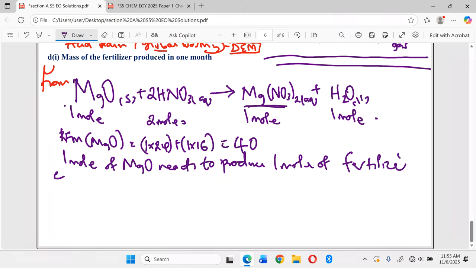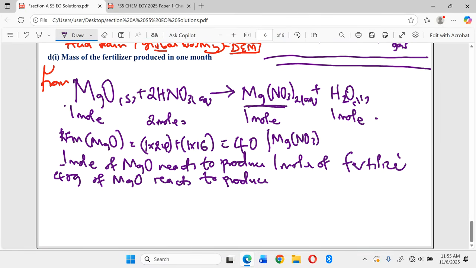So which means 40 grams, which is equivalent to its molar mass of magnesium oxide, reacts to produce 1 mole of fertilizer. Now we need also to calculate the RFM for magnesium nitrate.